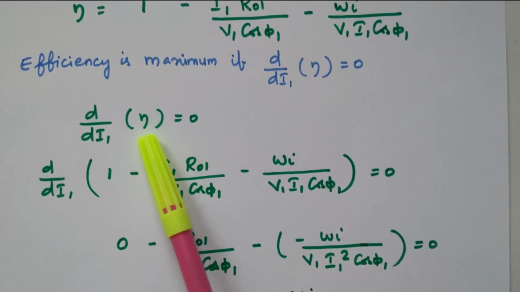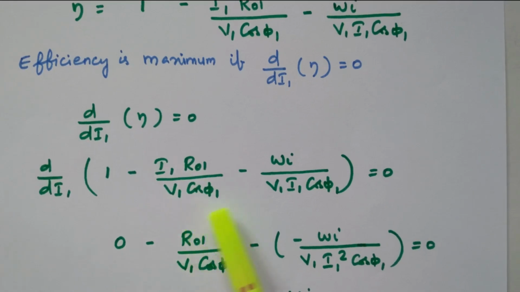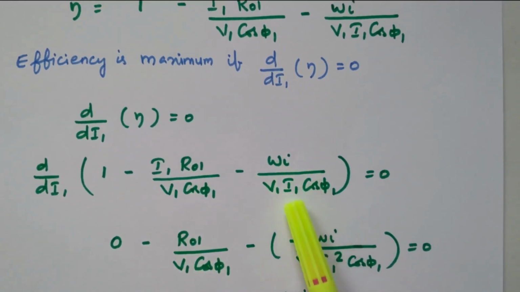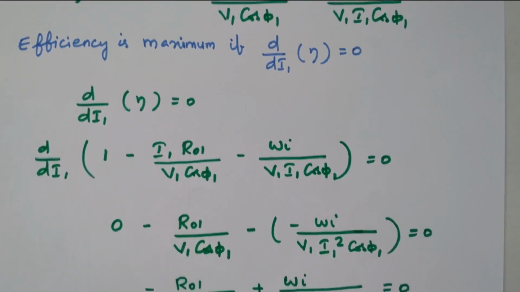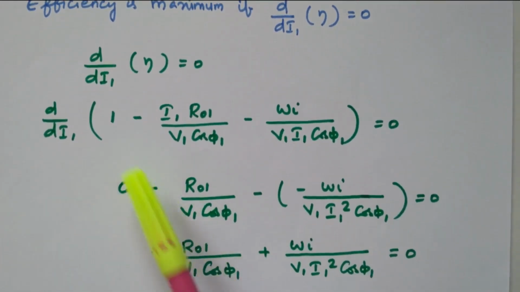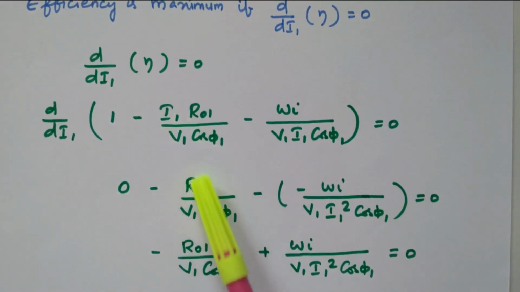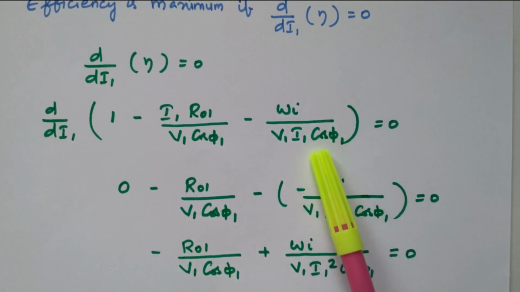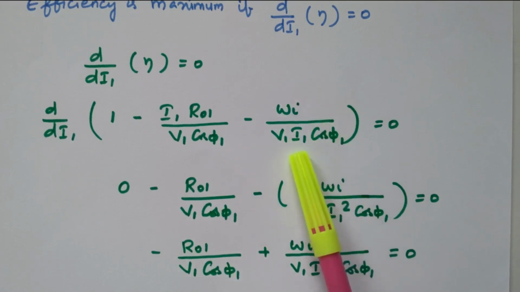Now we substitute the efficiency equation: 1 minus I1 R01 divided by V1 cos phi1, minus Wi divided by V1 I1 cos phi1, equal to 0. Now we go for the differentiation. Differentiation of 1 is 0. Differentiation of I1 is 1, so the remaining term is R01 divided by V1 cos phi1. Here I1 is in the denominator, that is 1 divided by I1.